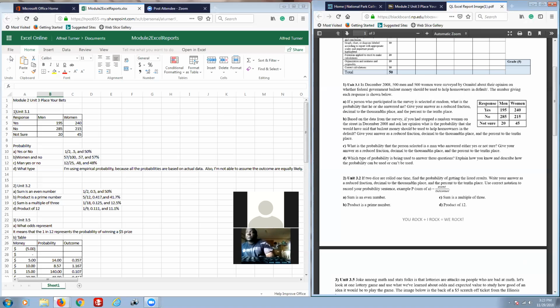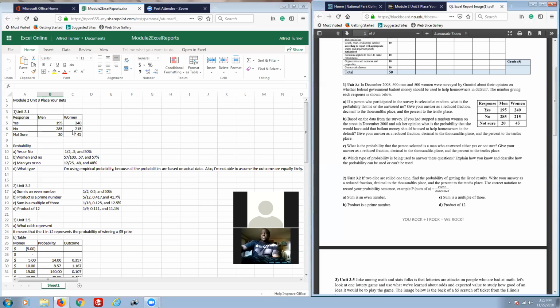Which type of probability is being used to answer these questions? Explain how you know and describe how the probability can be used.